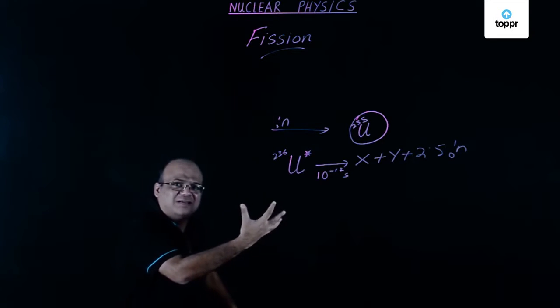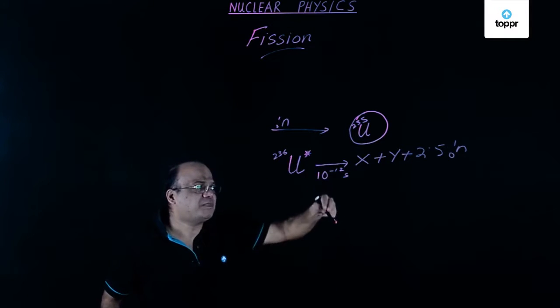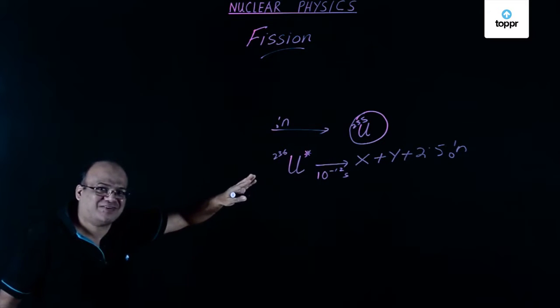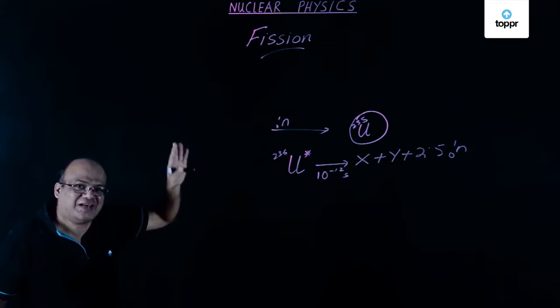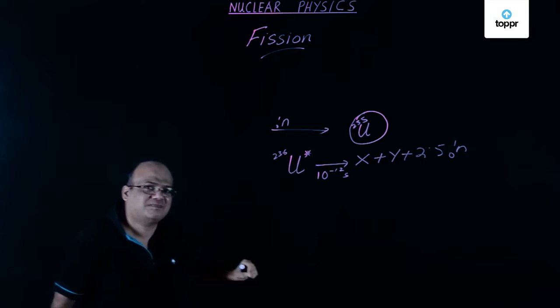But here, this intermediate nucleus breaks up into two parts and it produces neutrons, 2.5 neutrons on an average in 10 to the power minus 12 seconds.